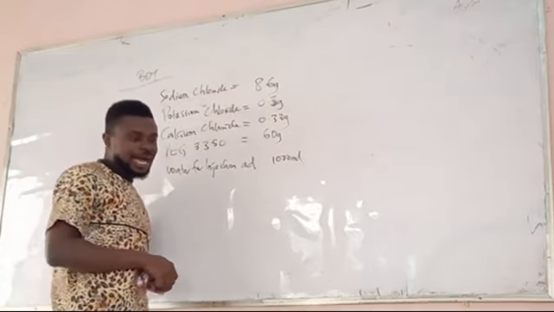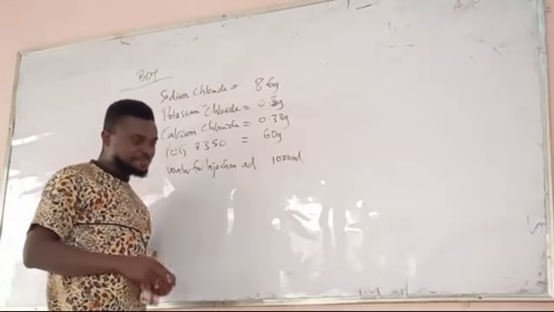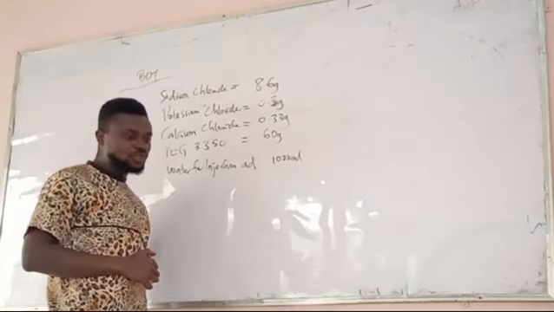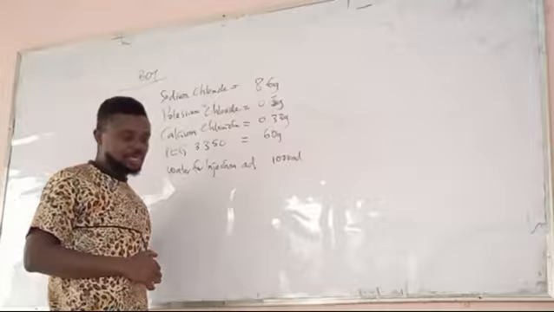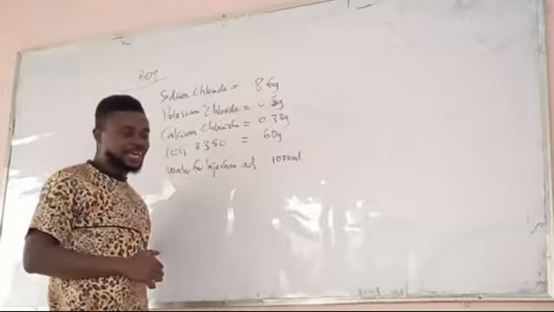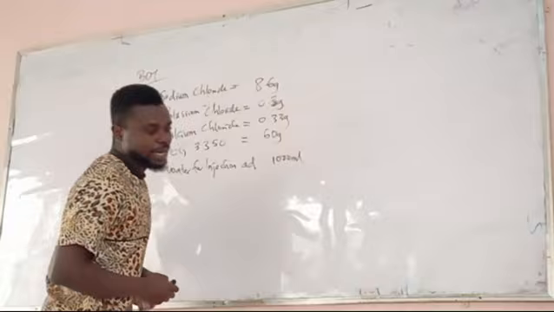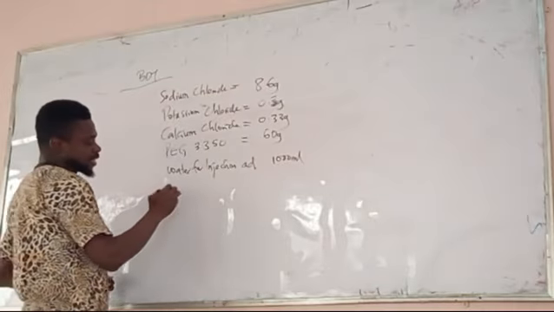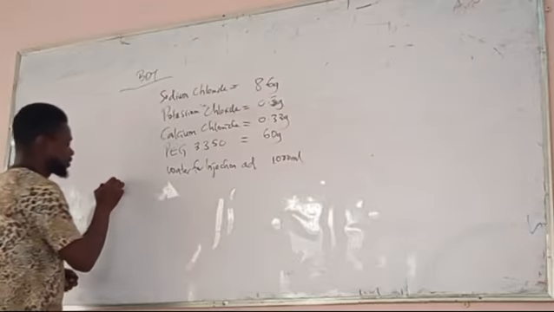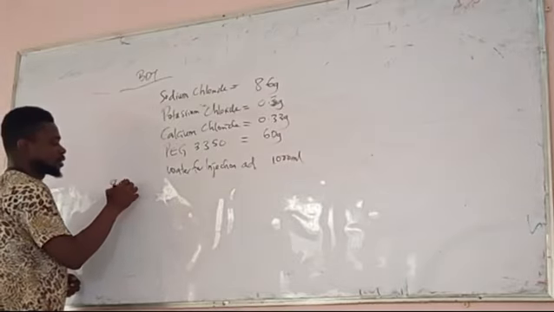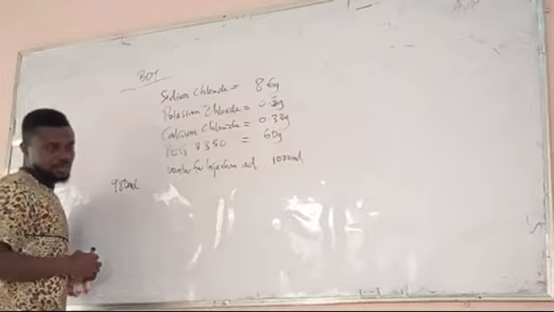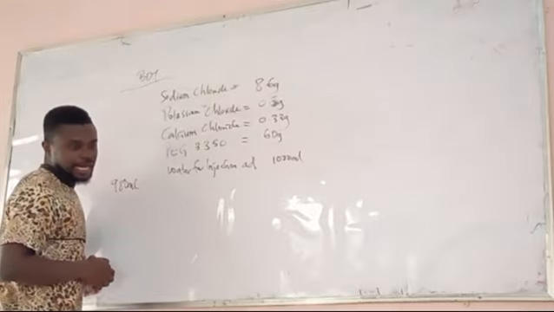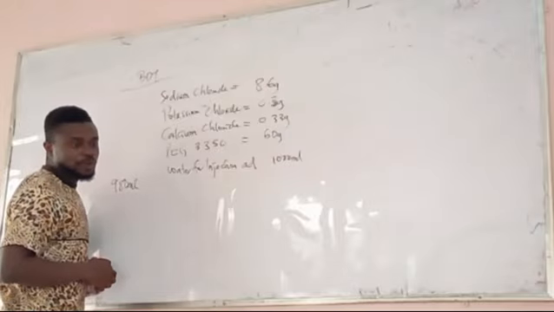Now continue. Assuming that 980 ml of water is used in preparing the irrigation, calculate the specific gravity. So we are told that assuming 980 ml of water is used to prepare this irrigation.